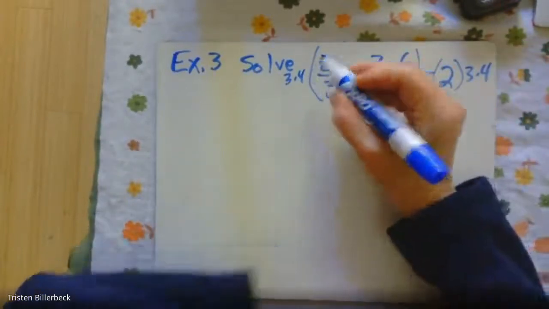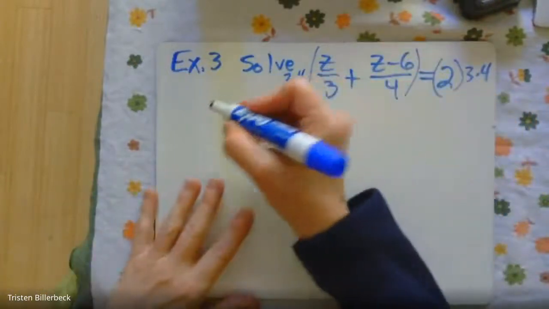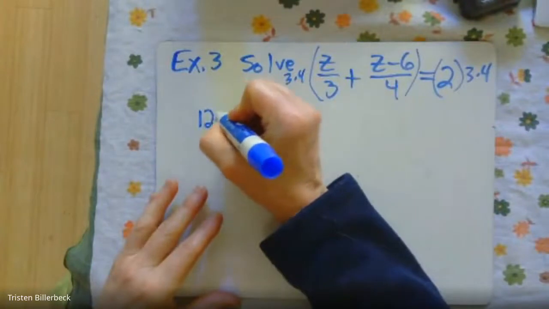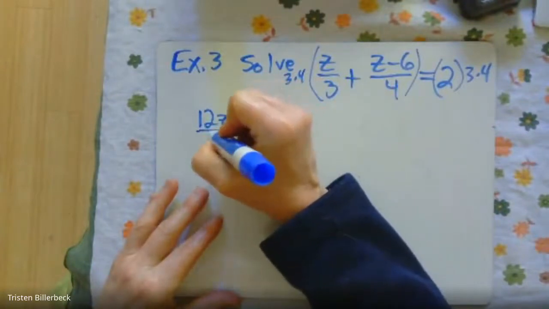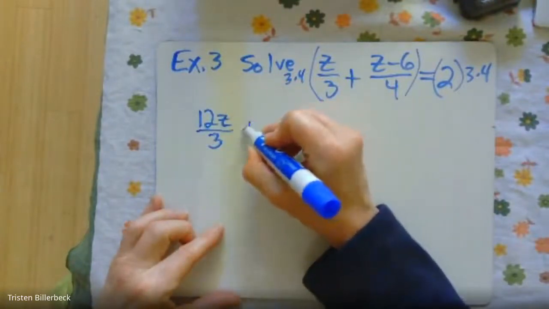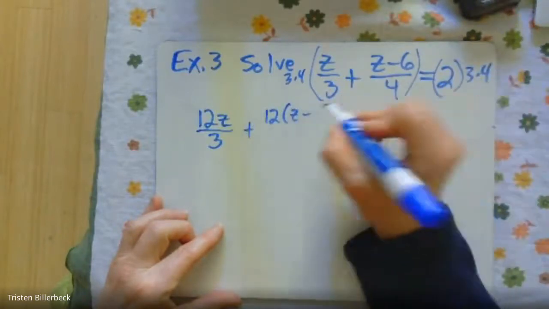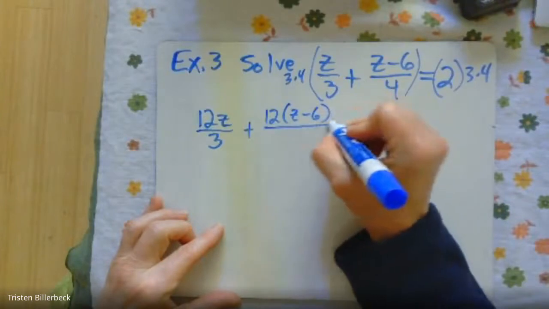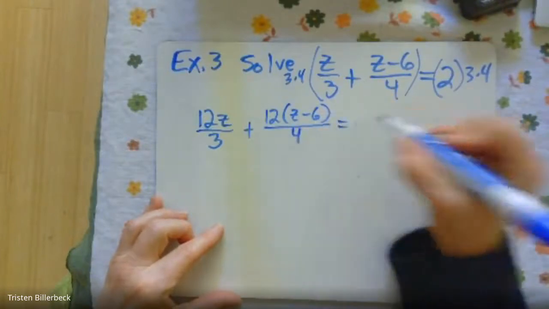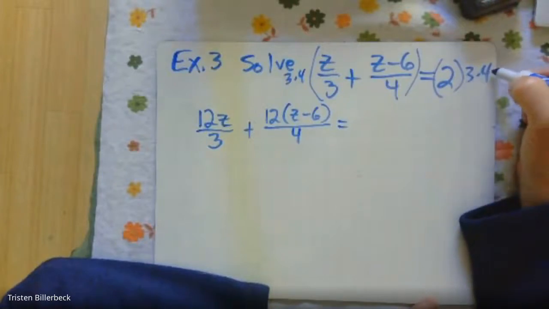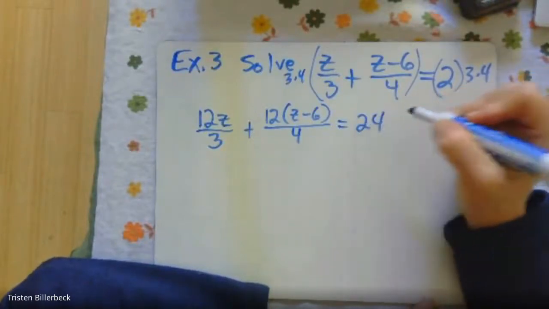So if I multiply by 3 times 4, that gives me 3 times 4 is 12. So I have 12z over 3 plus 12 times z minus 6 over 4 equals, and then this is 2 times 3 is 6, 6 times 4 is 24.